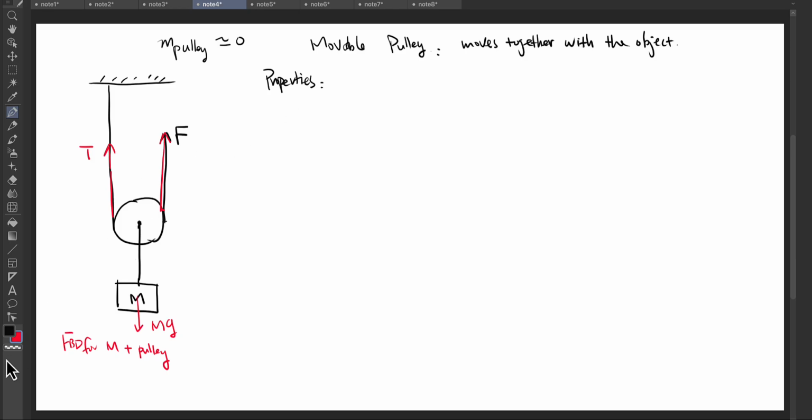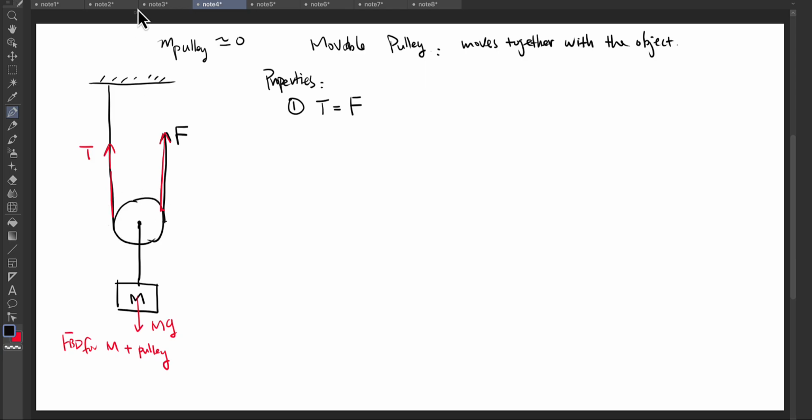Now, what are the properties, right? So we need to figure out the T and F relation. So just like before, T equals F, okay? And the reason for that is because the same string goes around the pulley, and we should have the same force on the same string, especially when the pulley's mass is negligible.